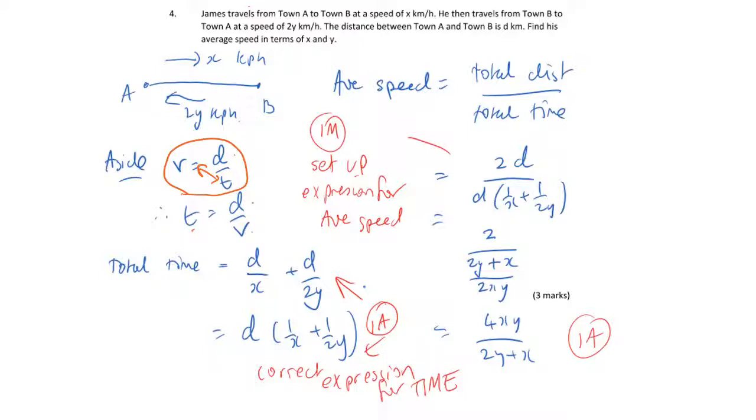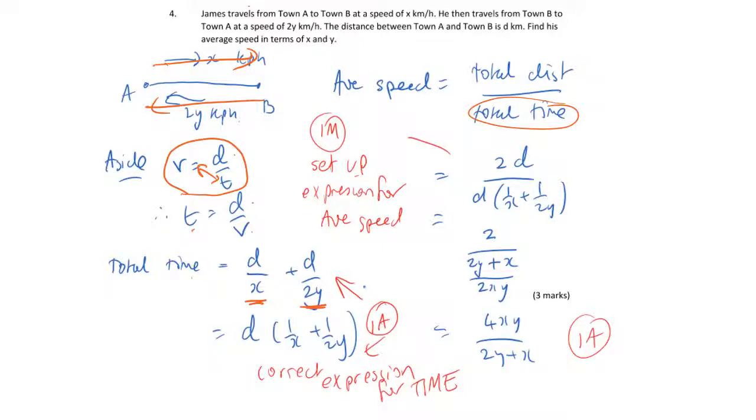Why would we do that? Because remember, what we're trying to do now is to find an expression for the total time. So the total time is made up of the two components. One, where you're travelling in this direction, and the other when you're travelling back in this direction. So let's see what happens.